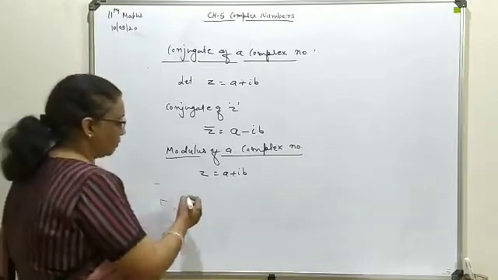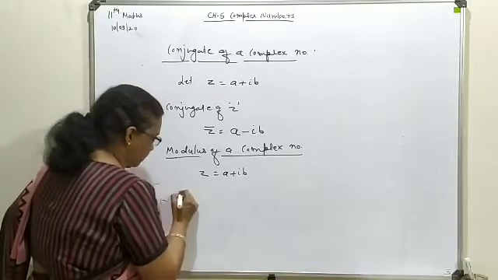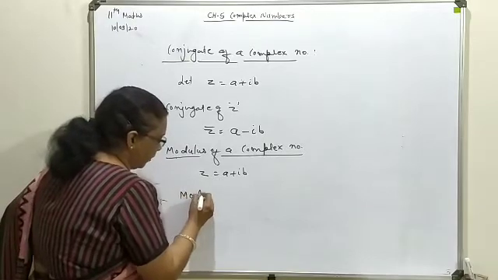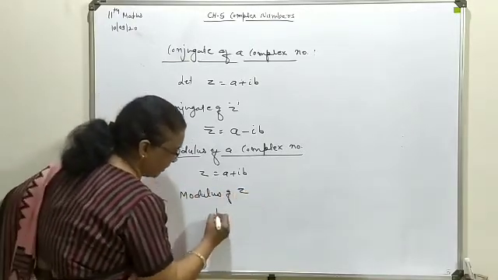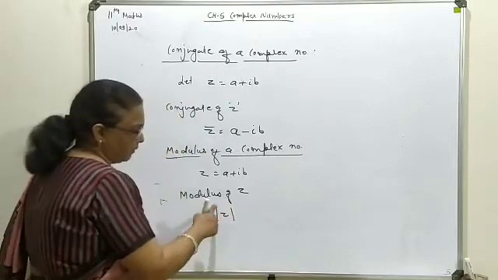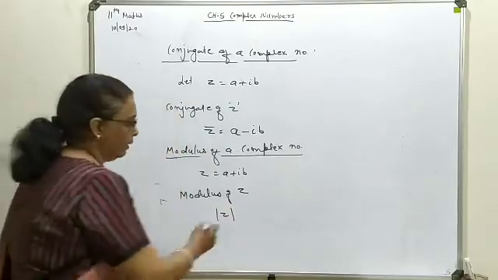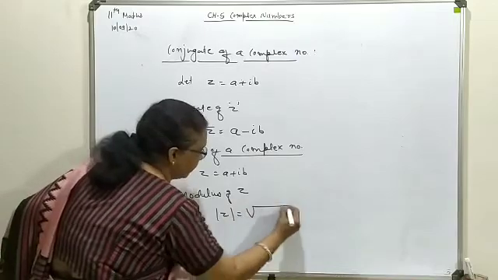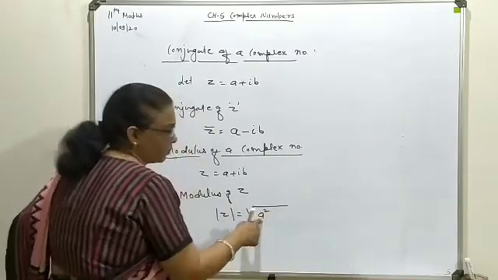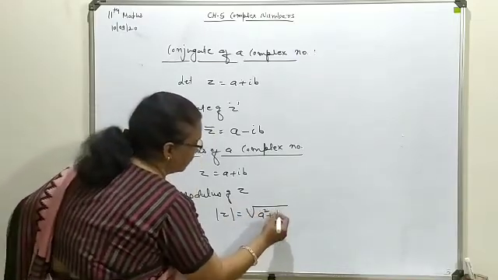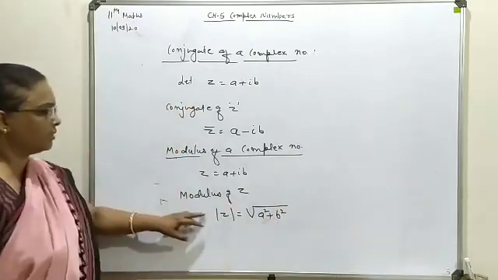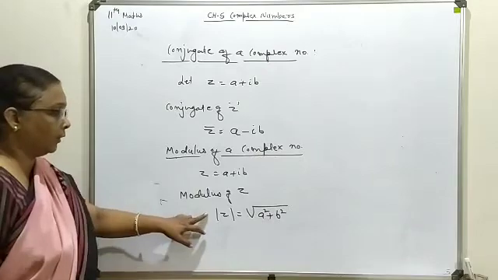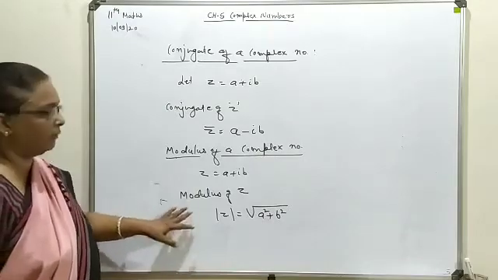The modulus of Z can be expressed as Z enclosed by standing lines, and the formula you will write for that is square root of the square of the real part plus the square of the imaginary part. So this will give you the modulus of any Z.